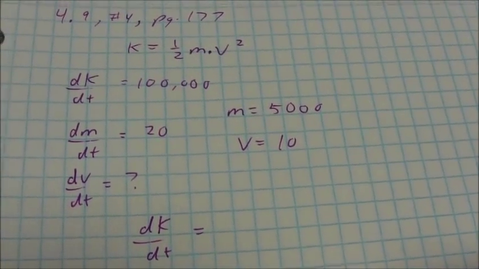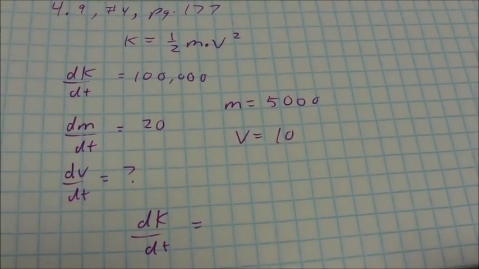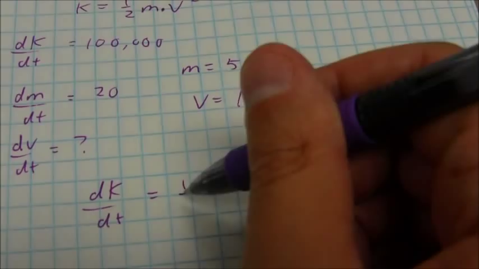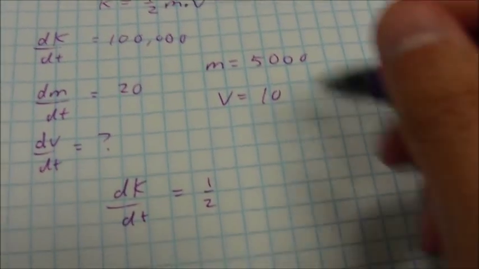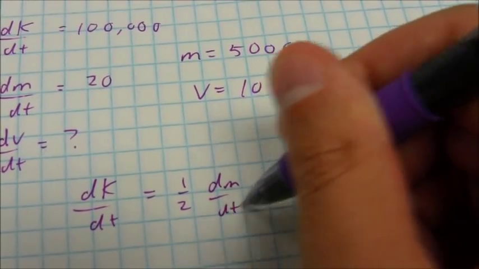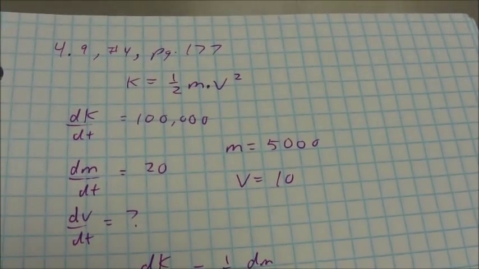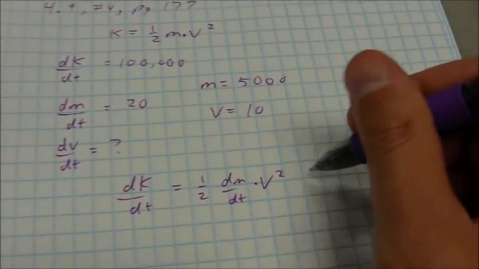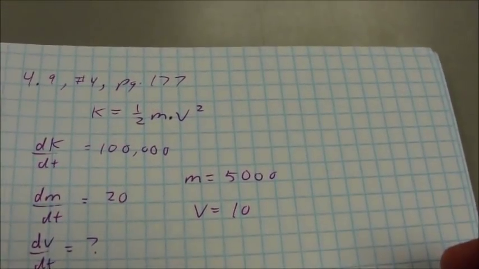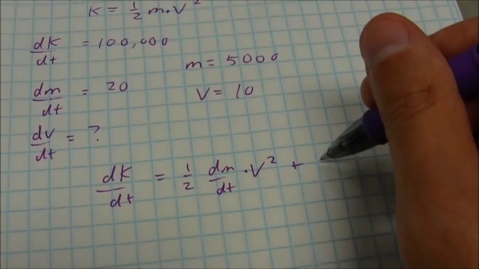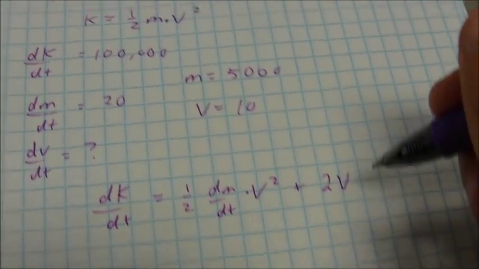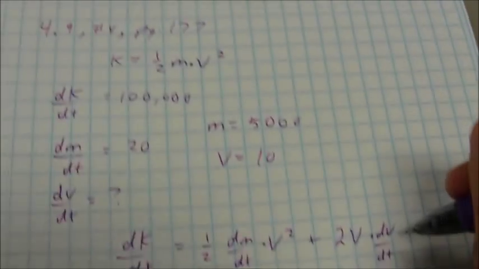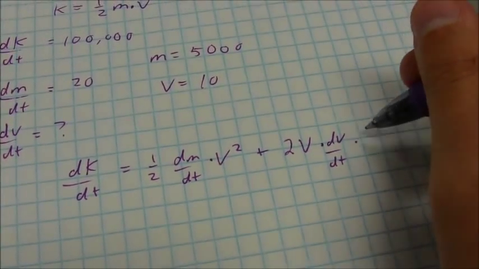Okay, so it's going to be the derivative of the first, that's 1/2 times m, which is just going to be 1/2, times the derivative of the inside function with respect to t, that's dm/dt, times my value of v squared. And product rule says I'm going to add the derivative of the second, that's 2v, times the derivative of the inside function with respect to t, which is going to be dv/dt, times the first, which is 1/2 m.